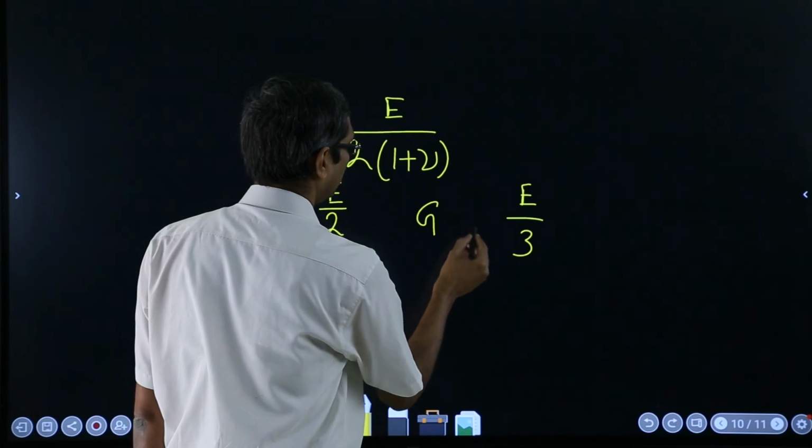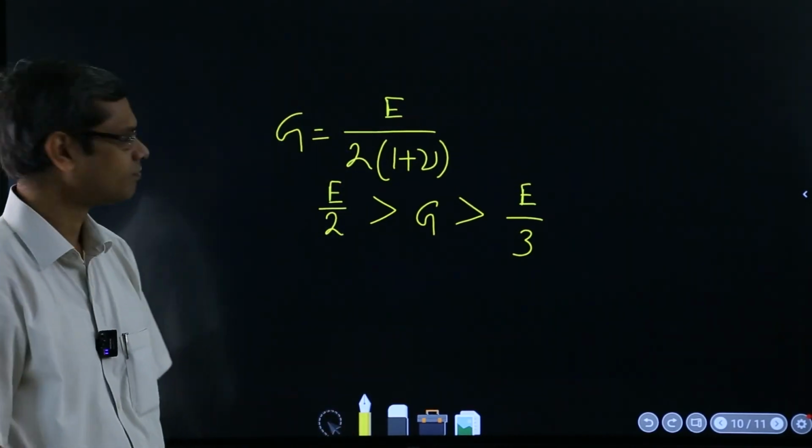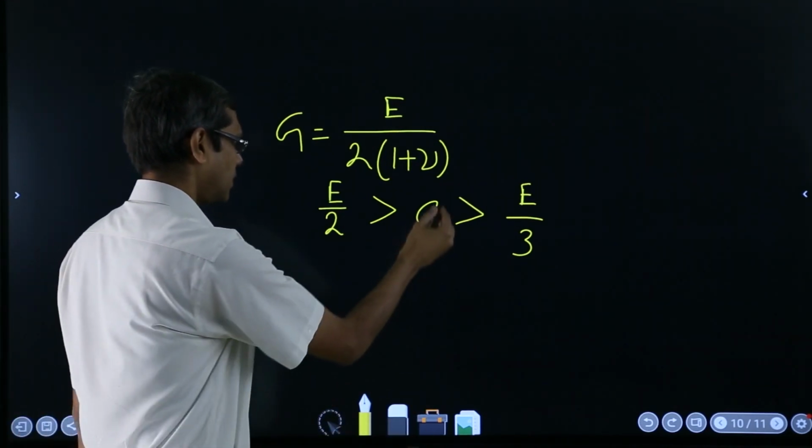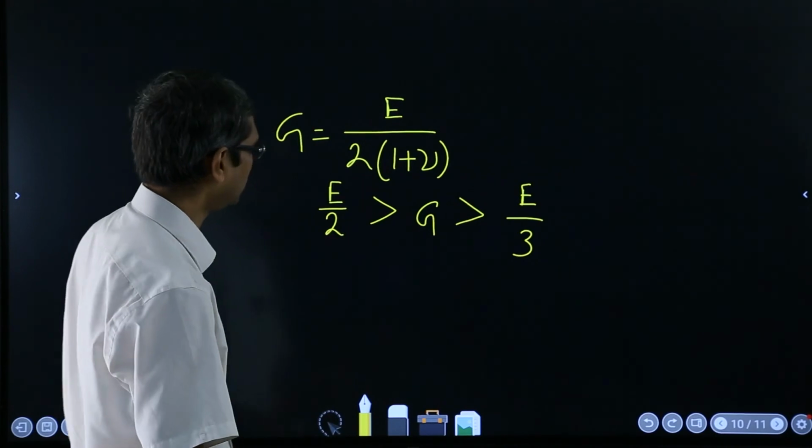So G will lie between them. Okay, so your shear modulus will lie between E over 3 to E over 2.